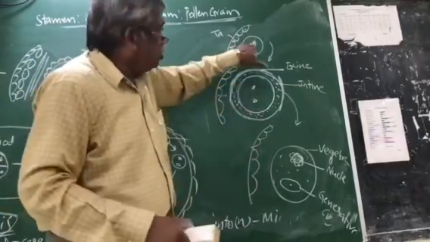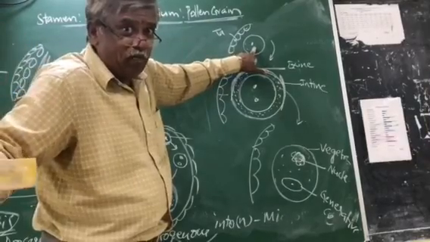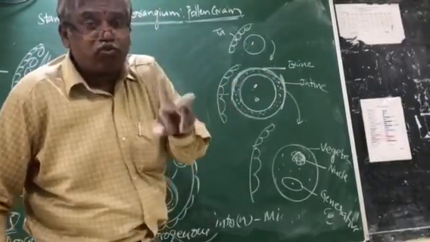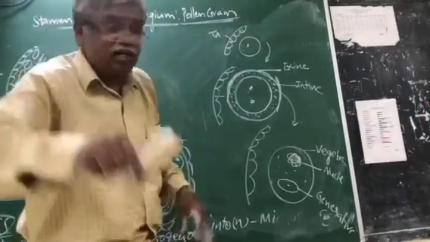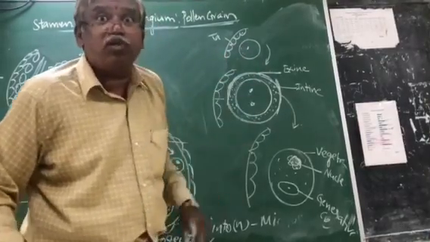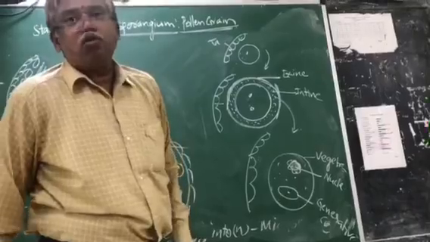This means when this microspore becomes a pollen grain, two types of changes must occur. Internal changes and external. The internal change is nuclear division. The external change is the formation of coverings. This is finally called a pollen grain.